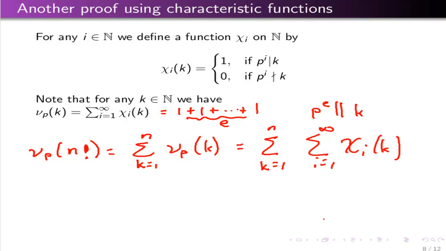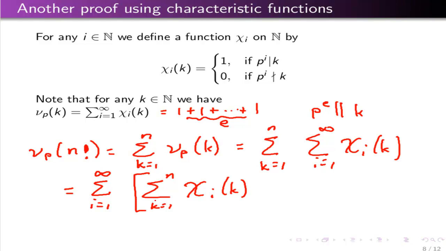And again, it's just a finite sum. So what do mathematicians like to do when we see double sums? Well, we instinctively want to just swap the order, and you don't have to worry about convergence here because it is just a finite sum. And then look at this inner sum right now. What does that equal?